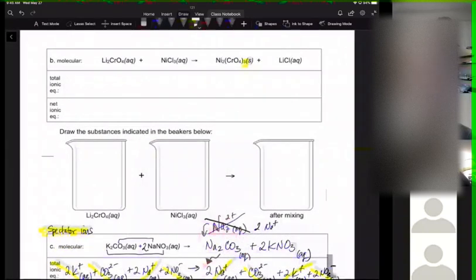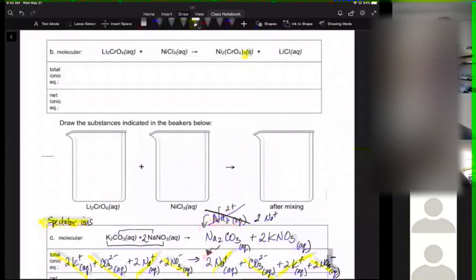Okay, so let's do this one. We'll start with balancing. So you have to find the charge on the nickel.